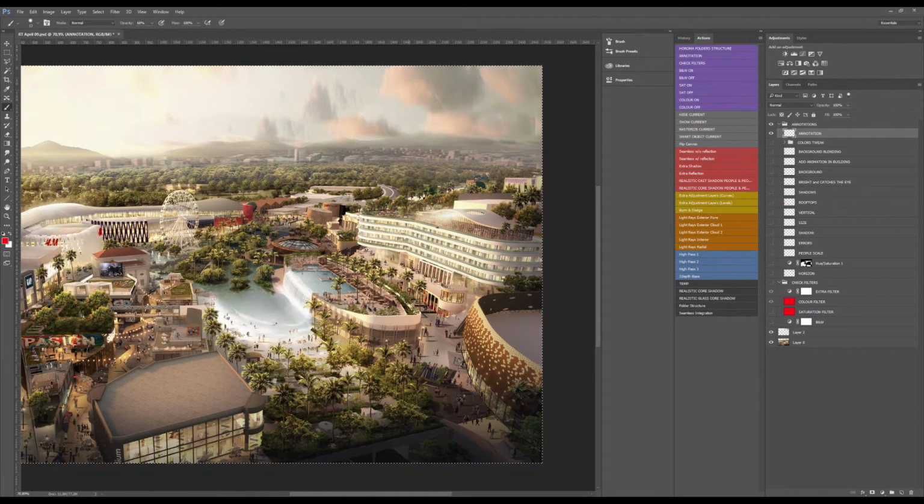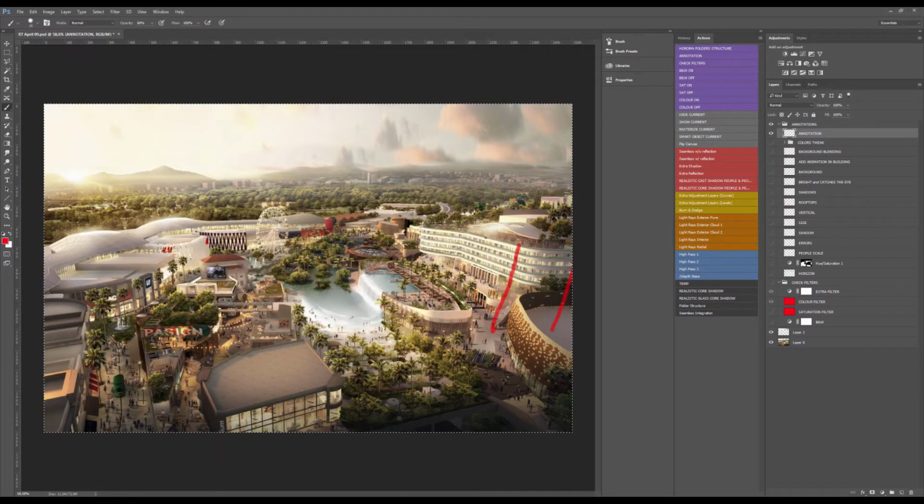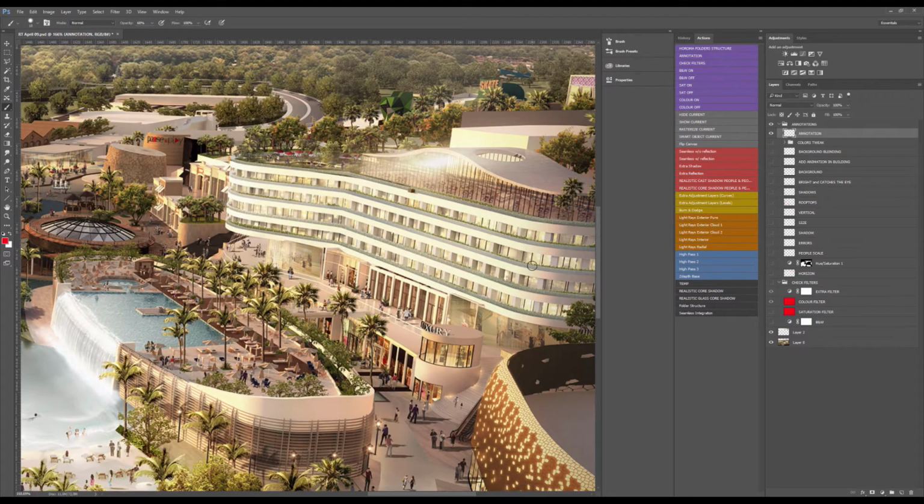Basically, everything close to the outside of the image is starting to converge way too much toward our perspective point. So I would try to correct that a little.